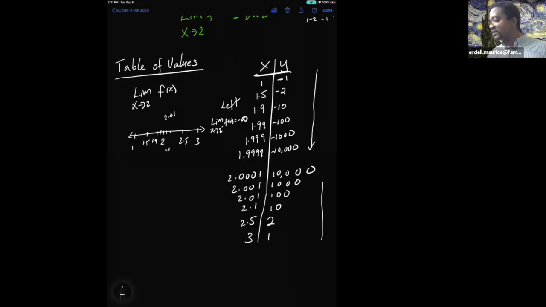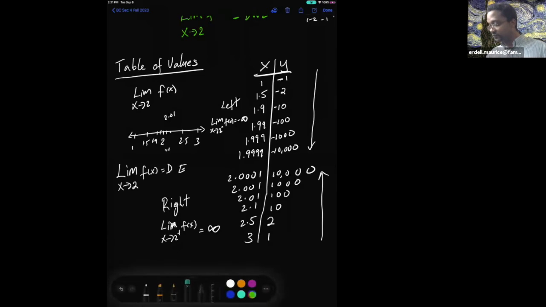So again, on the right side, the limit as x approaches 2 from the right for my function is going to be positive infinity. We got the same answers we had before. Therefore, the overall limit as x approaches 2 for my function will be does not exist.